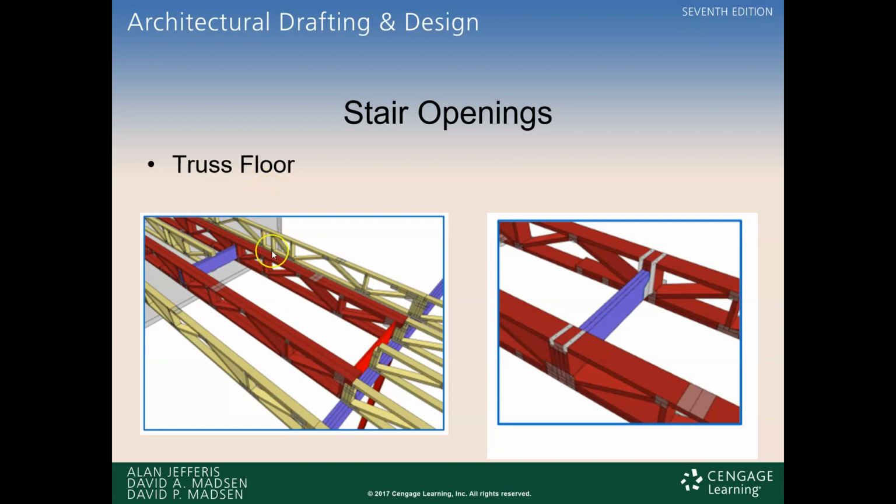So to do that, we double up the members on either side of the stairway so that they can hold a little bit more weight, and then we run headers across to support those members that would have otherwise passed through that opening. Typically, if it is a truss, the truss designer is going to build into the trusses a means for that lateral support going across those main support members.